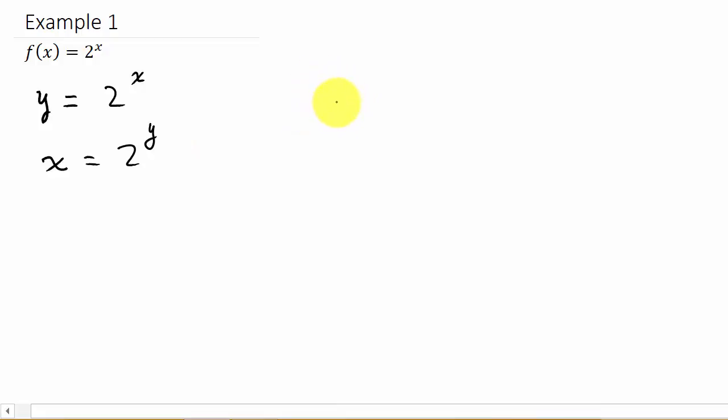Do you remember if you have, say, this formula y equals the log of x with base b? If we convert this to exponential form, that's b to the y equals x. Okay.